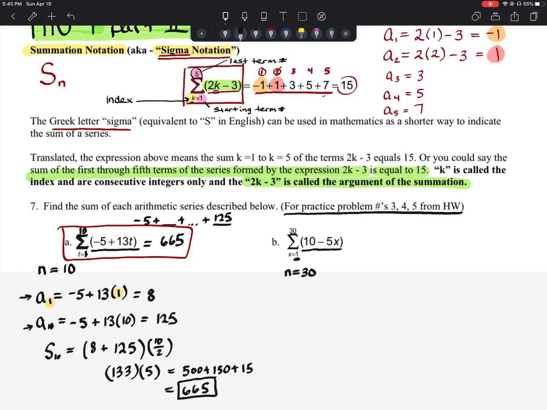We need to know the first term and the 30th term. So a sub 1 will equal 10 minus 5 times 1, which would be 5. And then a sub 30 would equal 10 minus 5 times 30. 5 times 30 is 150, and 10 less than that would be negative 140.